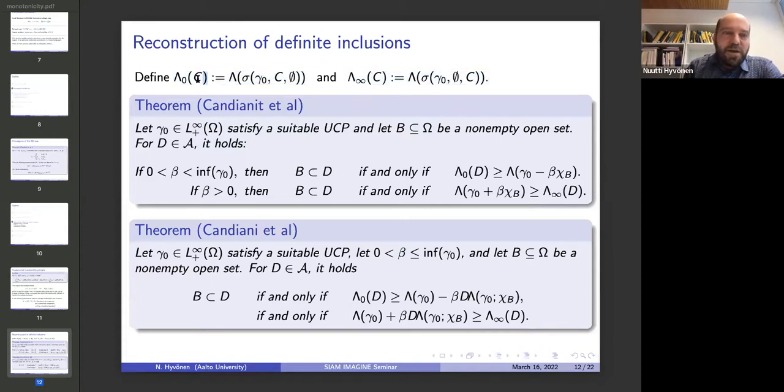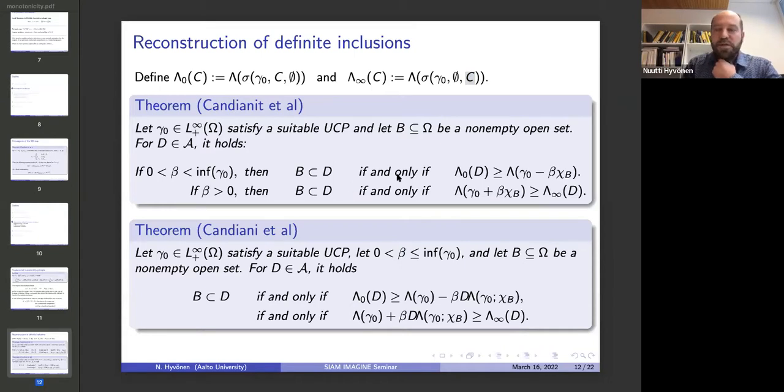By lambda naught C, I mean the Neumann-to-Dirichlet map corresponding to background conductivity gamma 0 and ideally insulating inclusion C. So this naught tells you that you have the background conductivity and the ideally insulating inclusion C. Then lambda infinity is the other way around. So you still have the background conductivity, but C plays the role of ideally conducting inclusion.